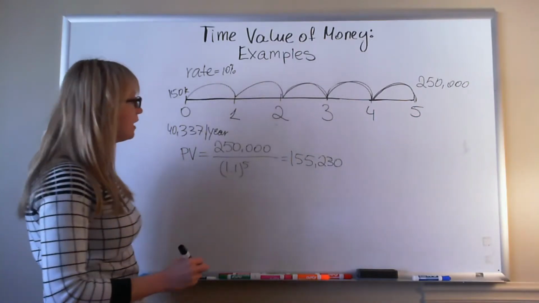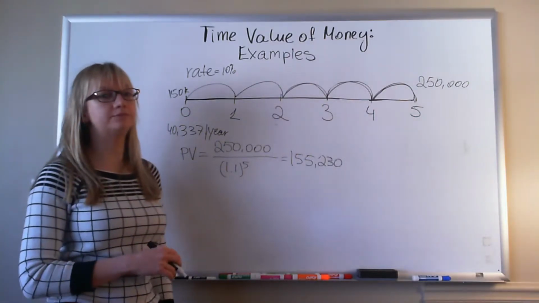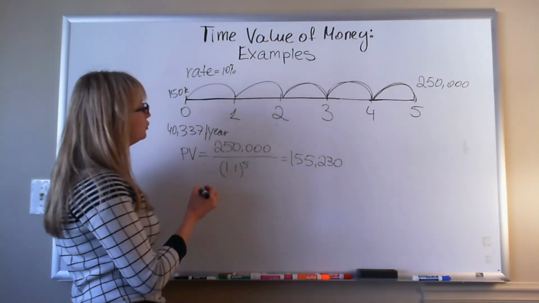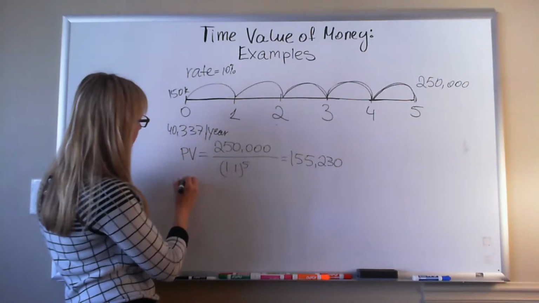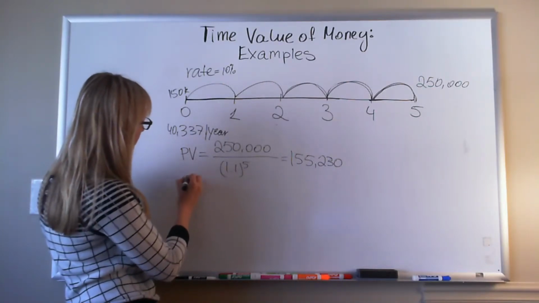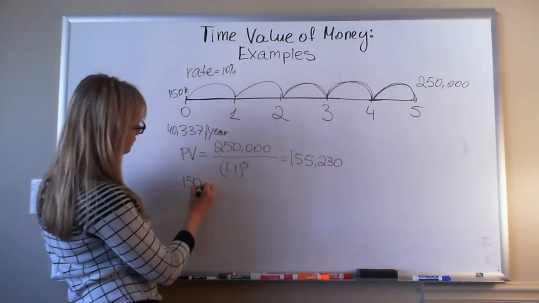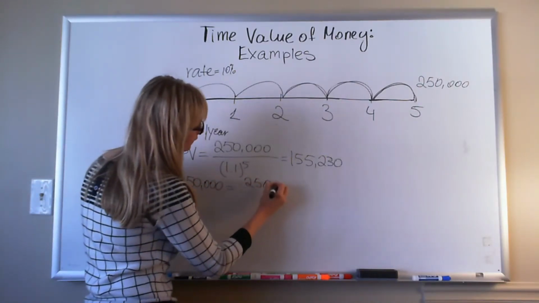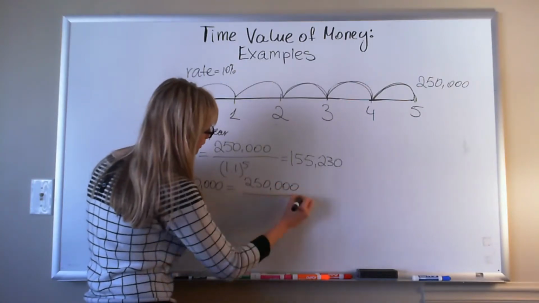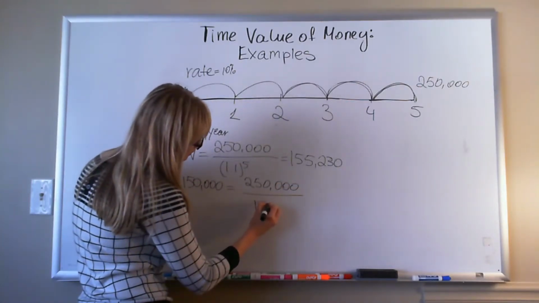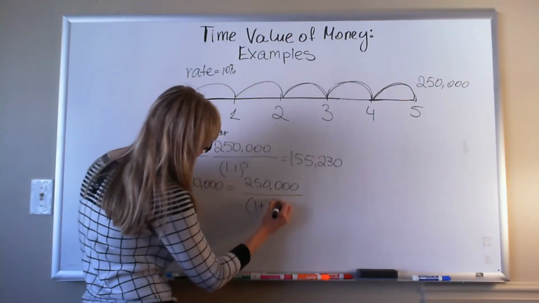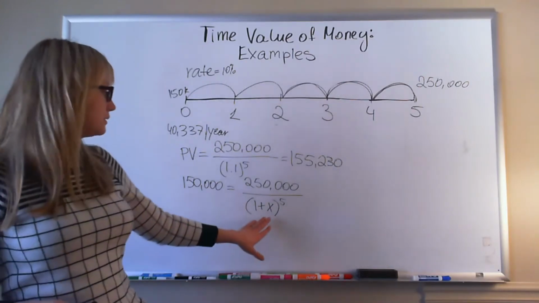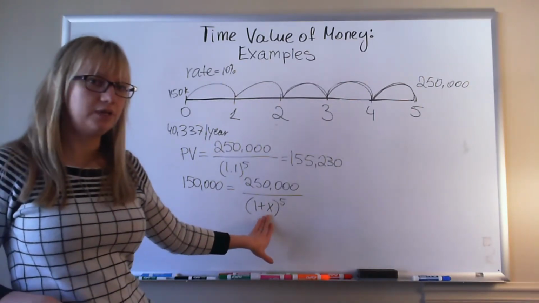So we can find out what rate the lottery company thinks is fair in this example. We know that the present value that they put on it is $150,000. We know that the future value is $250,000. What we're trying to solve is this interest rate x down here.